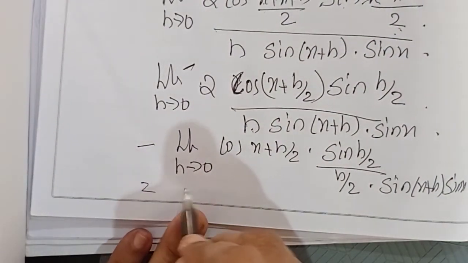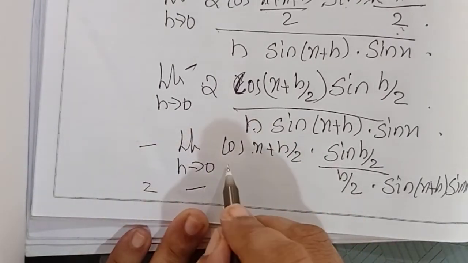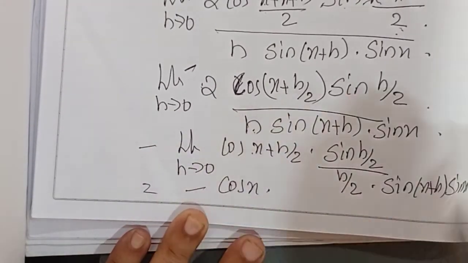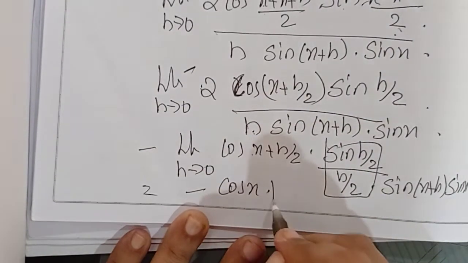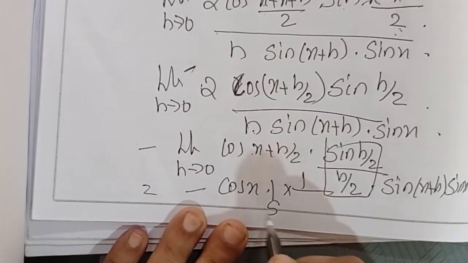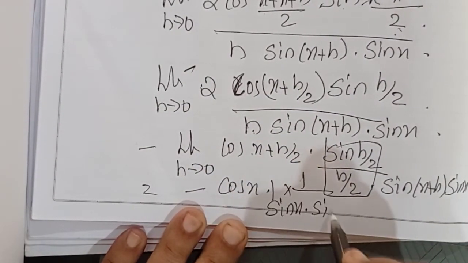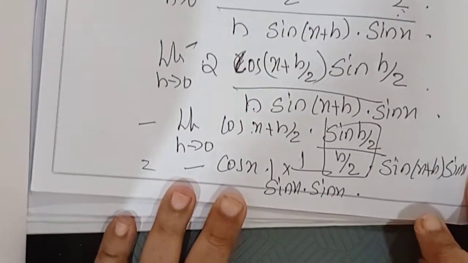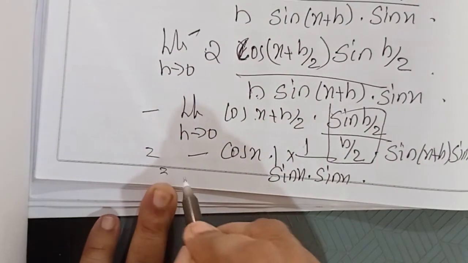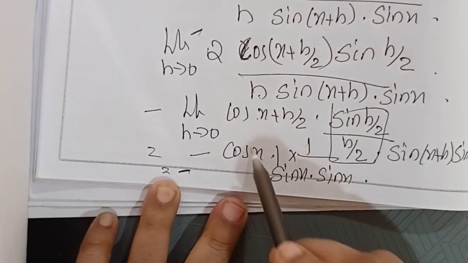That is minus. When you apply the limit here, you will get minus cos x. This term changes to 1, into 1 by sin x into sin x, when you apply h tends to 0. That is minus. What is 1 by sin x?